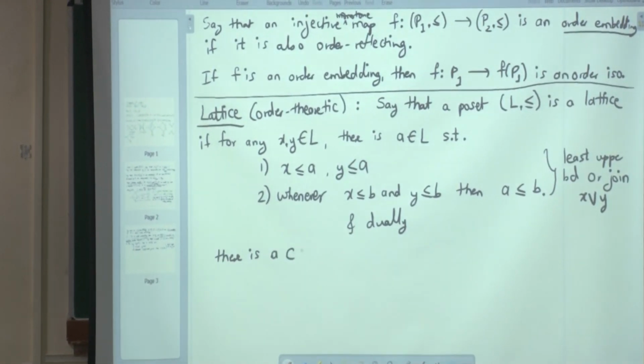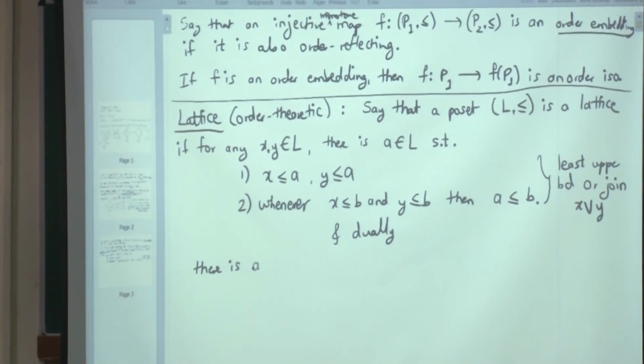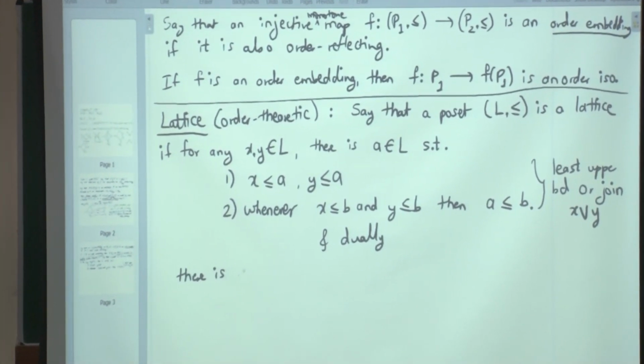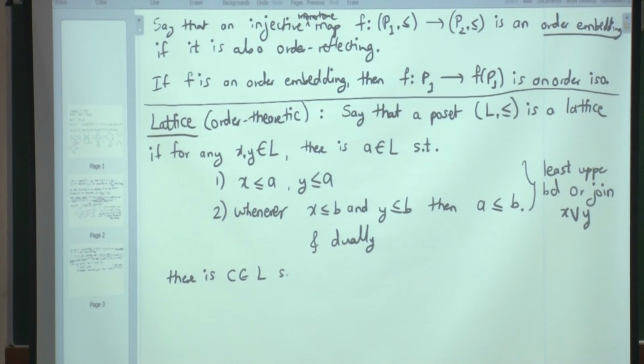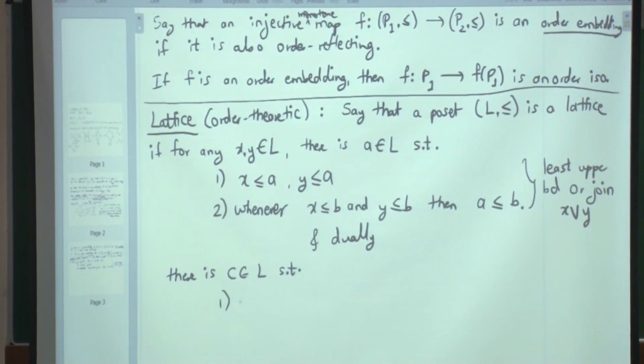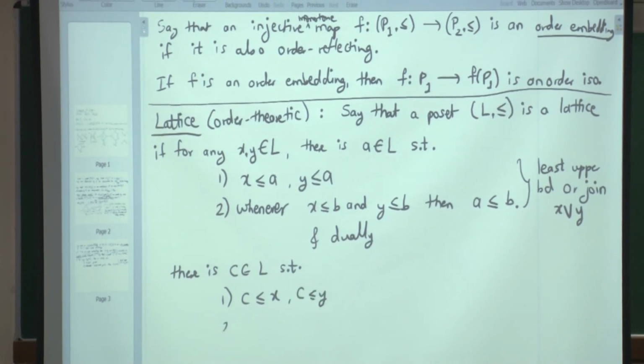Okay, and dually there is a C, maybe it will confuse you. There is C in L such that C is less equal X, C is less equal Y. And can you tell me what next?